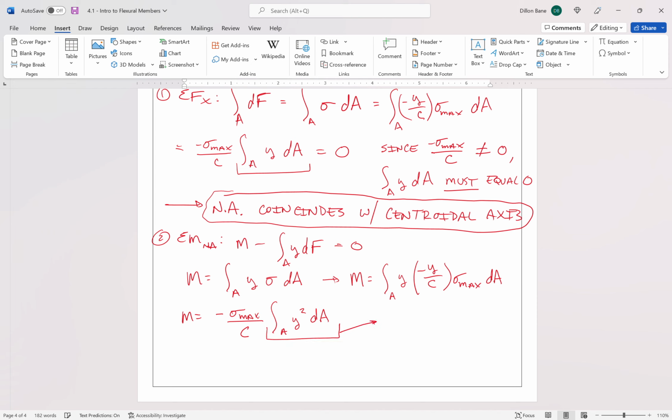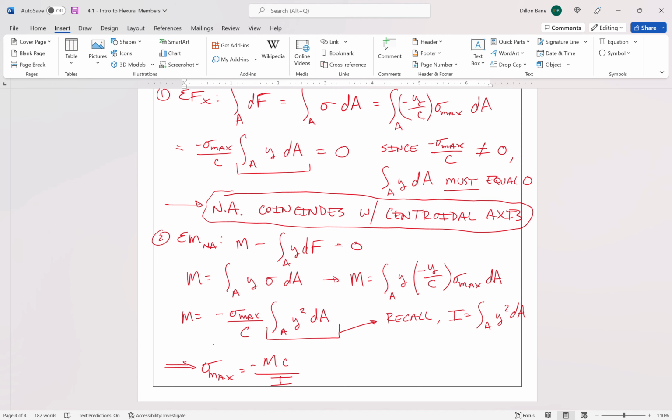This equation right here, the integral over A of y squared dA, recalling from statics, this is the moment of inertia of our cross section. So if the integral over A of y squared dA is just the moment of inertia I, what we find when we rearrange this equation is sigma max equals negative Mc over I.